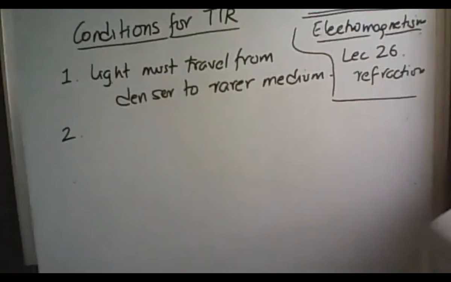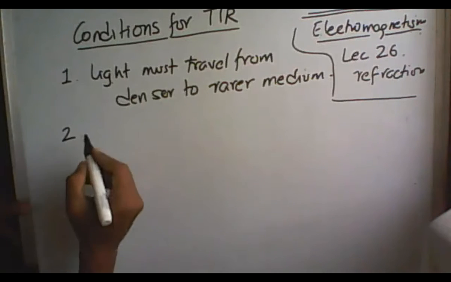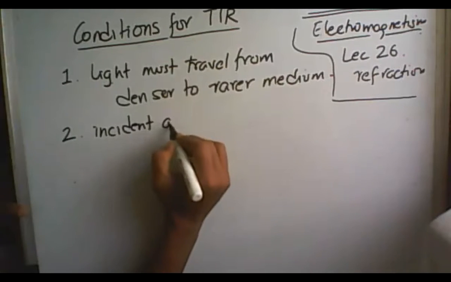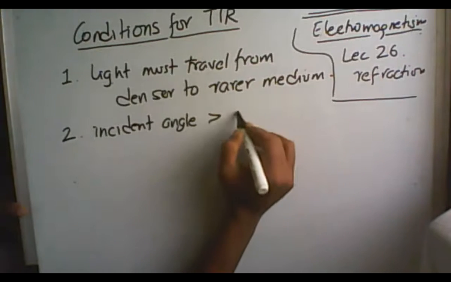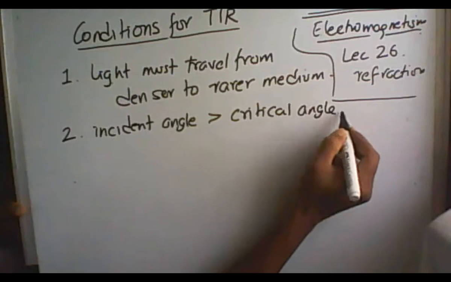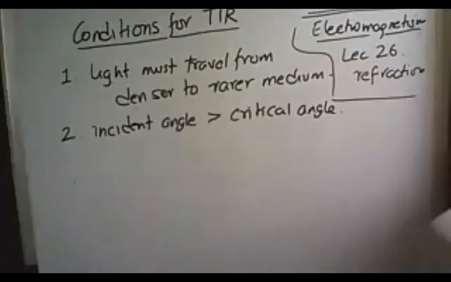Now, the second point: the essential condition for total internal reflection to take place is obviously that the incident angle should be greater than the critical angle for that pair of media. So this is also fairly obvious.